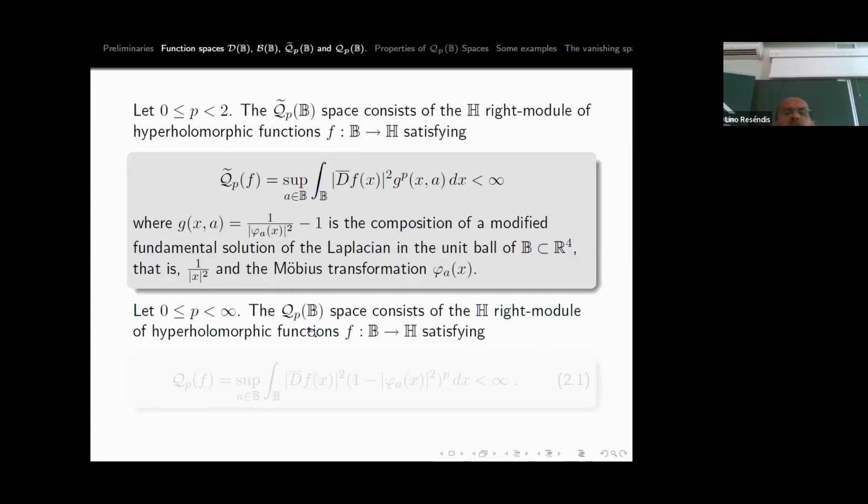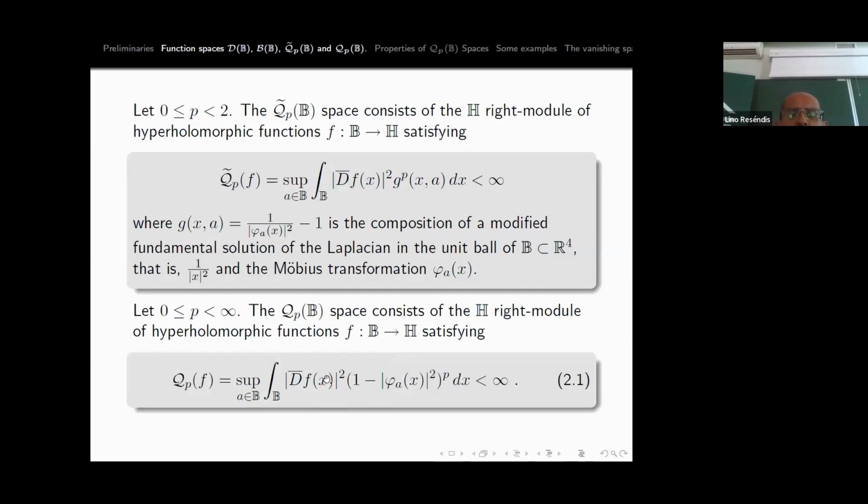Now, if we consider p from 0 to infinity, then we can define the following space, the Q_p space, that consists of hyperholomorphic functions, again, from the unit ball to the quaternionic set, satisfying now this equality. As you can see, again, we are trying to keep control about the growth of the d bar derivative of f, and we are trying to keep control using only this factor.